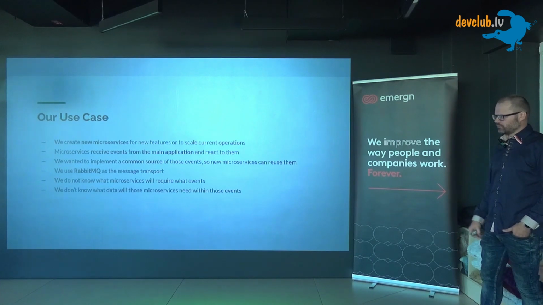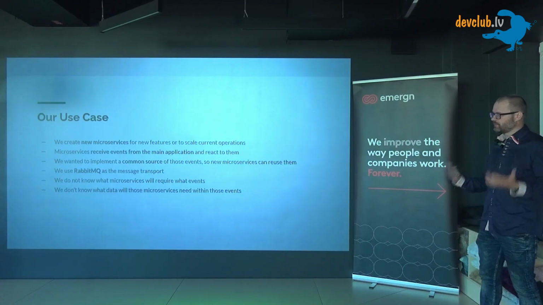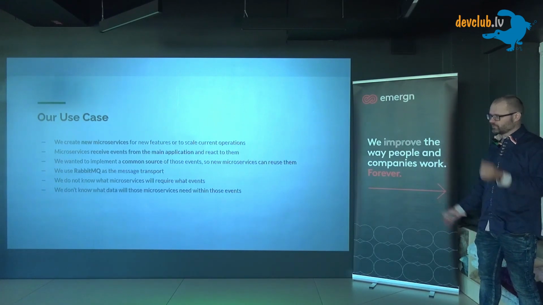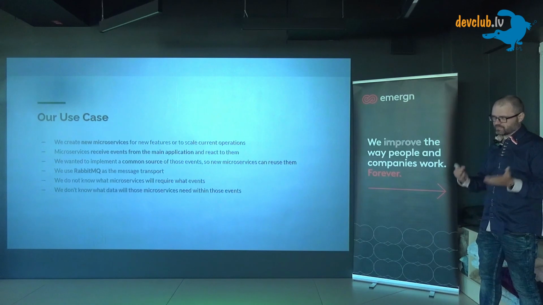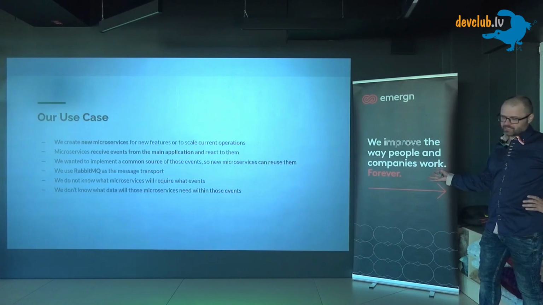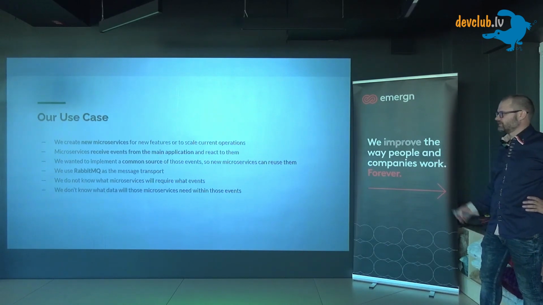And we don't know what data those new microservices might need. So we expect that the first implementation we create will be a minimal viable product, with the minimal data that our current microservices need, and we will add more data later. So we expect the message format to change in the future.